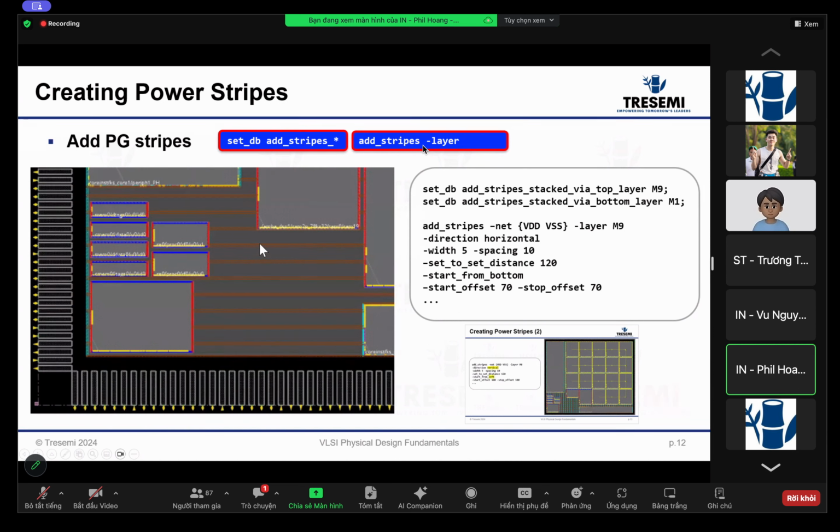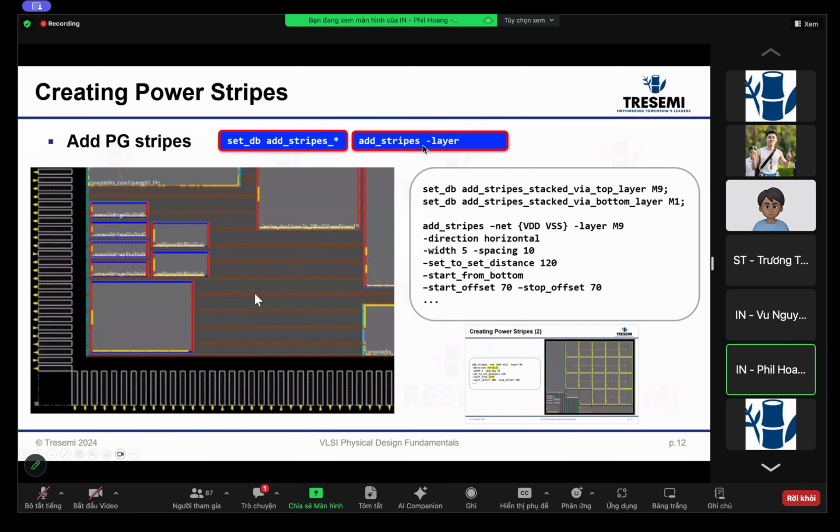Set means that this is a pair, and from here to the next set is 120, and then you start from the bottom here. So this is the core. So usually you start from the edge of the core and you start from the bottom. Means the first one will be offset 70 from the bottom. So this is how you use all these different numbers to specify exactly what you want to build.